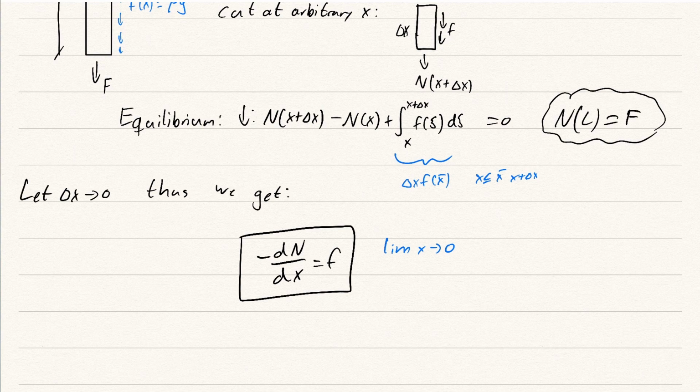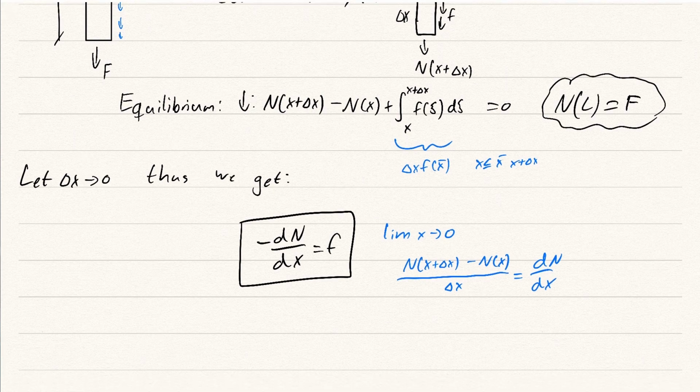So n of x plus delta x minus n of x, right, over delta x. So this thing is dn dx. In the limit this is dn dx.